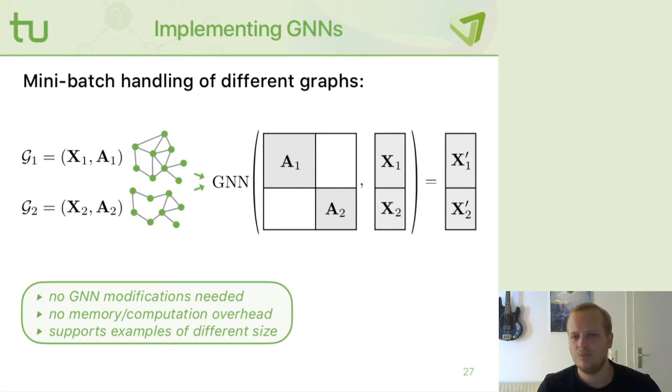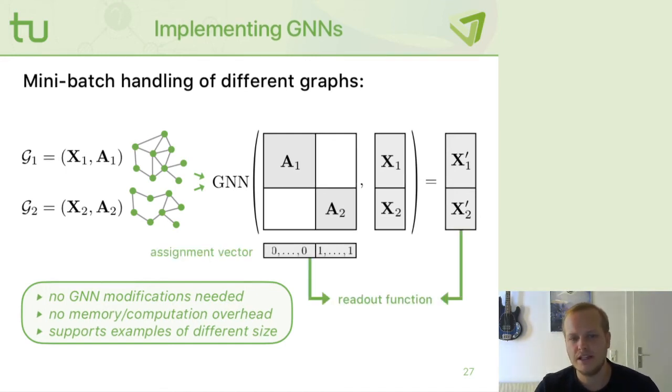For example, we do not need to pad the graphs to the same length, and since adjacency matrices are stored in a sparse representation, there is no additional memory required to stack them. And this scheme naturally supports examples of different sizes.